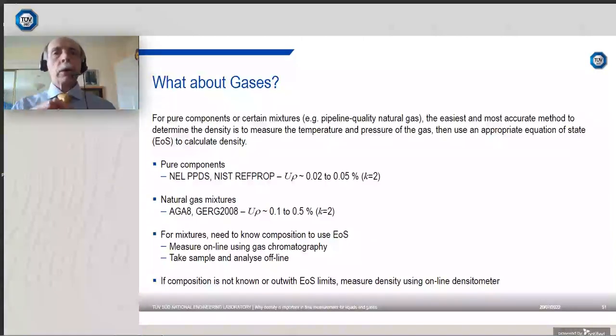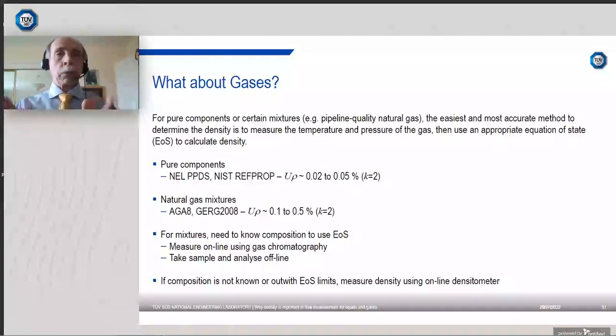For pure components or for certain well-defined mixtures, for example, pipeline quality natural gas, the easiest and undoubtedly the most accurate method for determining the density is measure the temperature and pressure. Don't try to measure the density, just measure the temperature and pressure and use an appropriate equation of state.